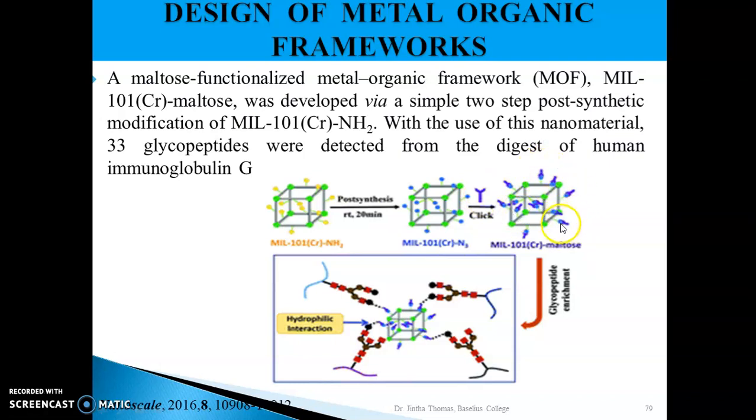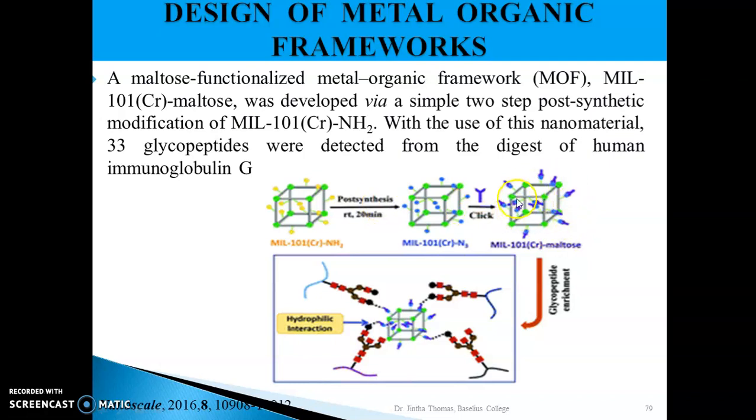The addition of maltose group was not initially possible if we start synthesizing this MOF using maltose as ligand. So what we did is, after synthesizing MIL101, we added maltose onto its surface in 2 steps.